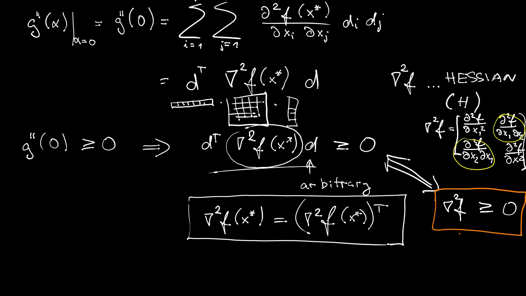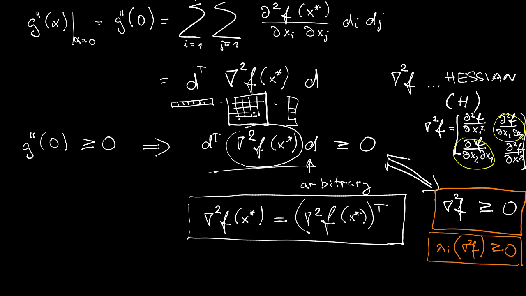Whenever we write that a matrix is non-negative, what we actually mean is that its eigenvalues, which I will label as lambda, are all non-negative. And finally, this is the second order necessary condition of optimality.